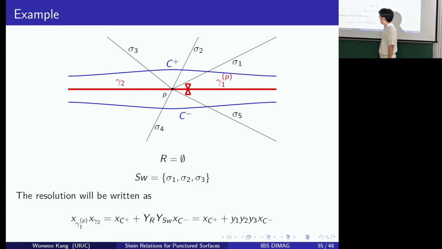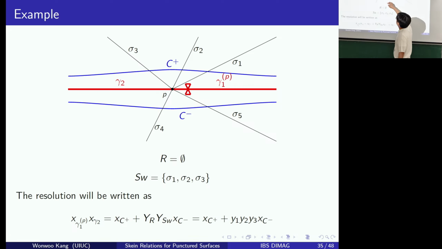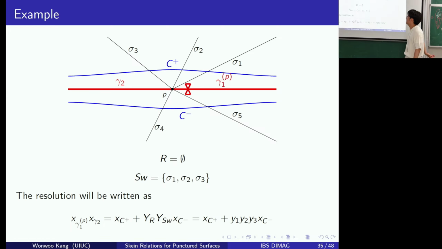Then C plus will be this one, and C minus will be this one, because C plus is the one that intersects both R and SW. C plus intersects 1, 2, 3, and C minus doesn't intersect any of them. So the resolution will be written as Cx of C plus plus YR, YSW, XC minus. And what are these? Just the product of the y's that you get from here.